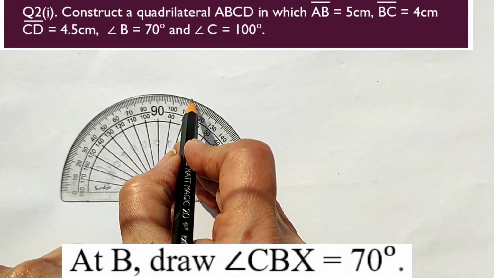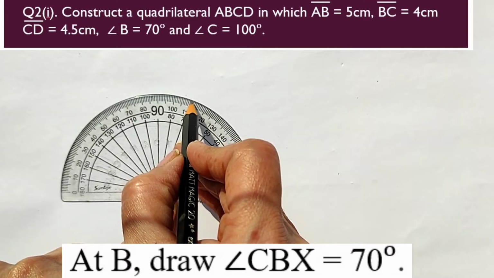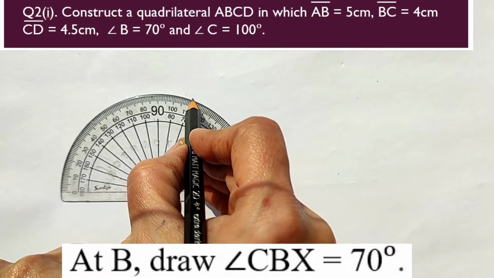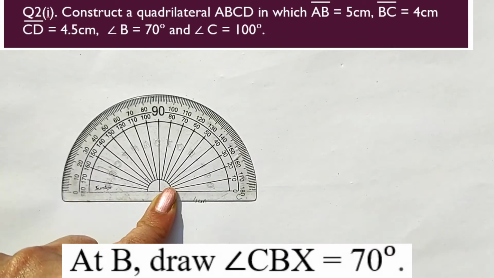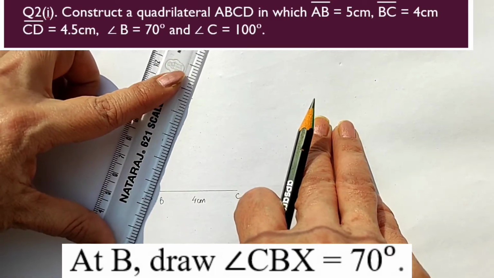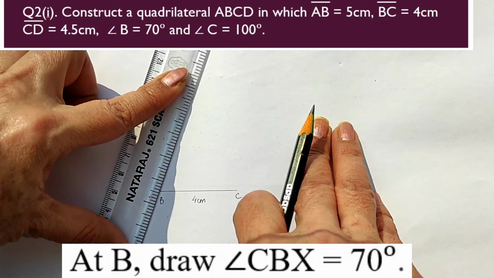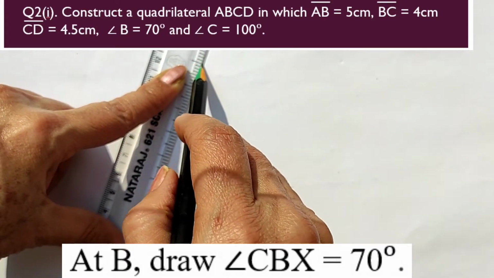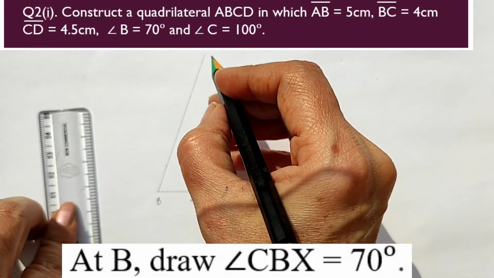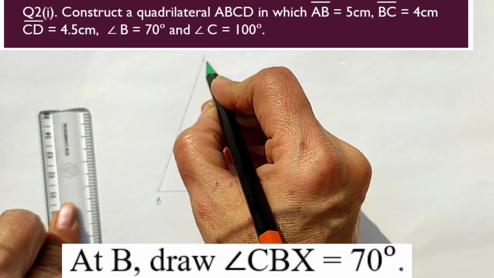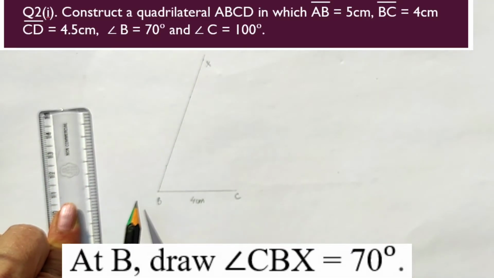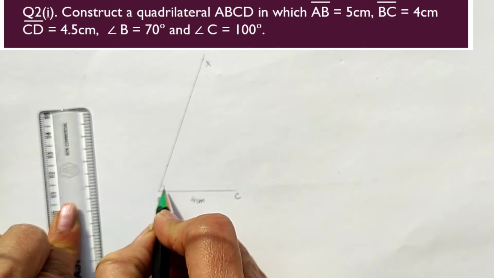I start measuring from C and go towards B. Wherever the 70-degree mark has been made, I join that point to the point B and I get the 70-degree angle. Let us mark point X. Now angle CBX is equal to 70 degrees.